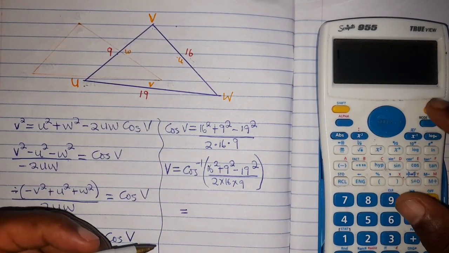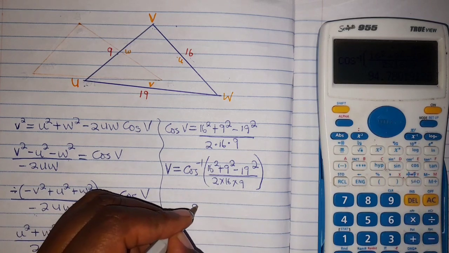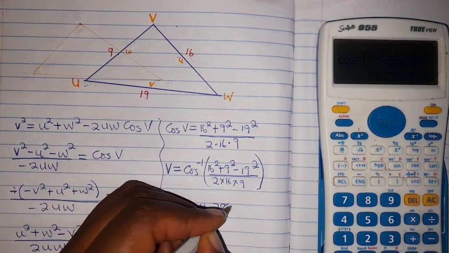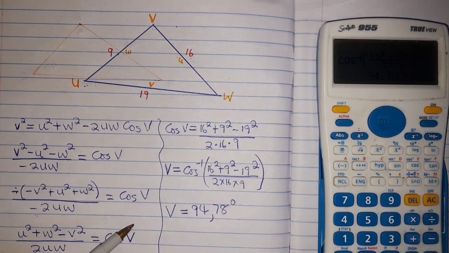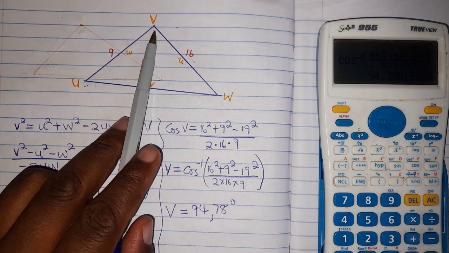And this is going to be equal to what? On our calculator, that's 94.78 degrees. That is our V. That is the size of this angle.